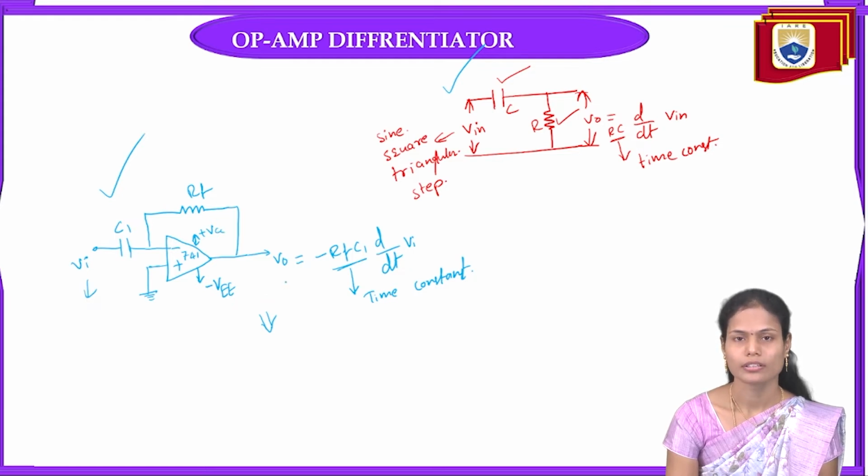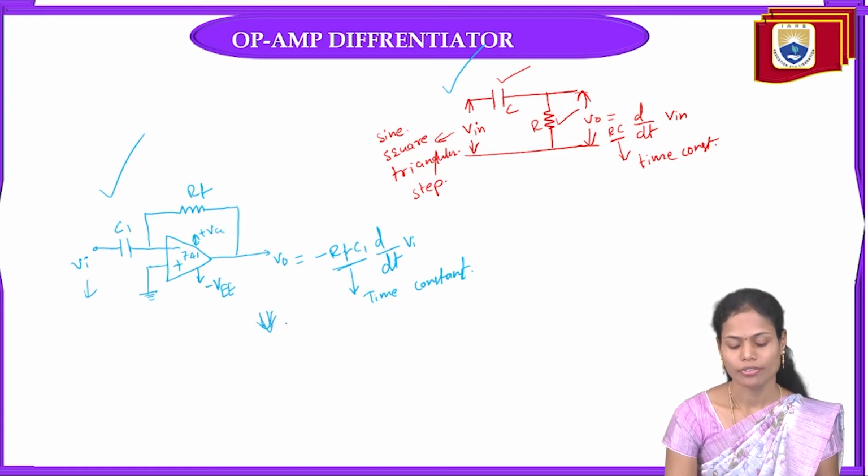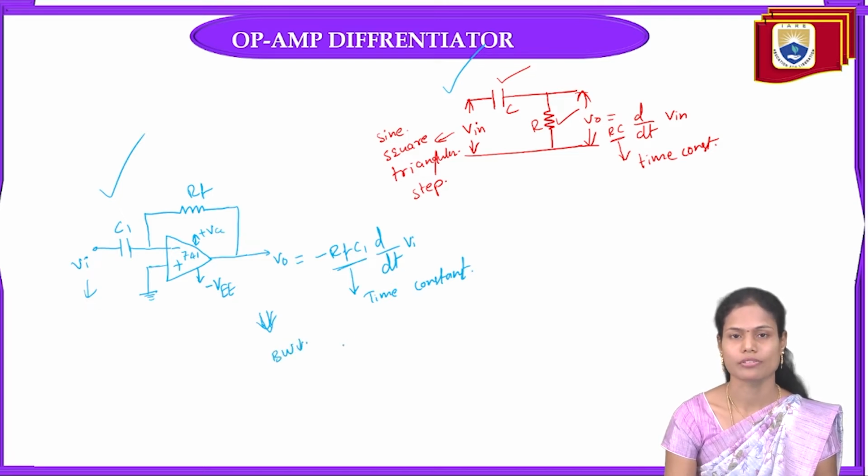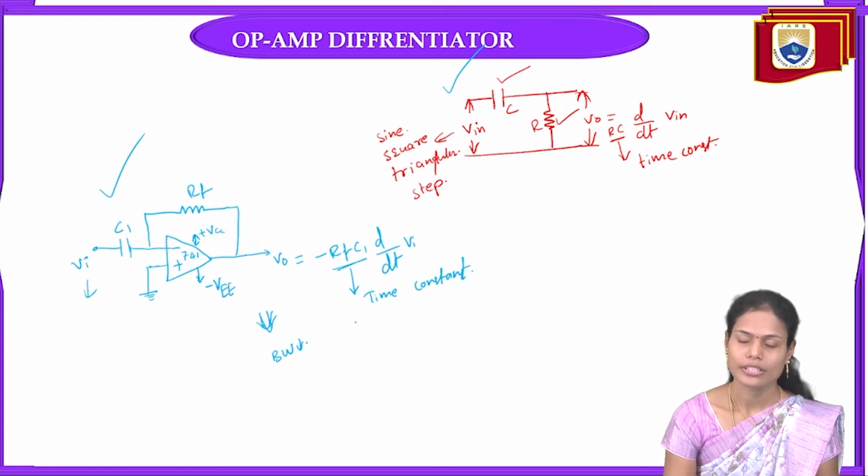We cannot bring it out of that saturation region in the case of this ideal differentiator circuit. Along with that, the bandwidth provided by this ideal differentiator is also less.